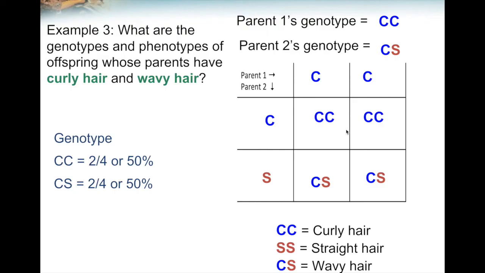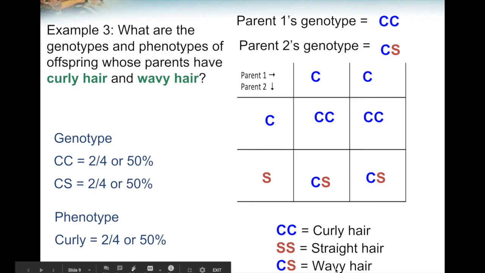For phenotype, there are two different phenotypes. There's curly hair, so a 2 out of 4 or 50% chance of having curly hair, and then CS represents the phenotype of wavy hair. So it's going to be 2 out of 4 or 50% wavy hair.